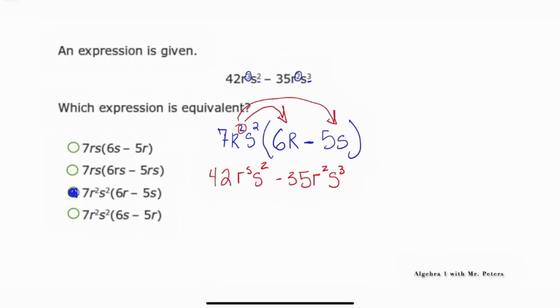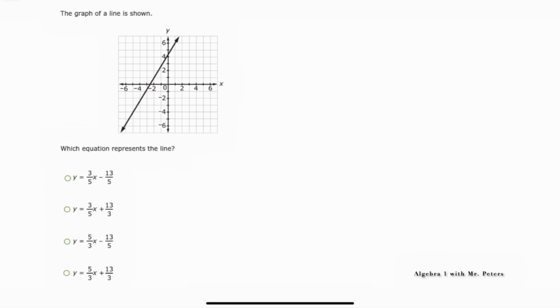In the next example, they give us a graph and they want us to determine which equation represents the line. So because of this negative here for the y-intercept, A and C are both eliminated. Now for us to determine whether it's B or D, we need to pick points on the graph. So we could pick this point right here because it lines up perfectly, and this point.